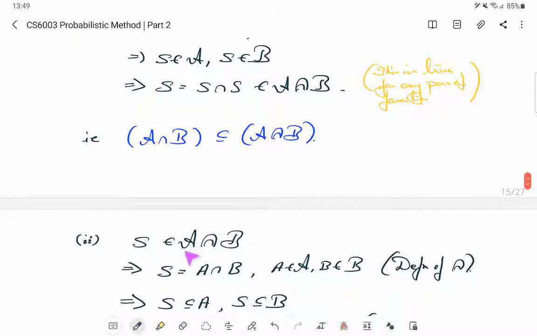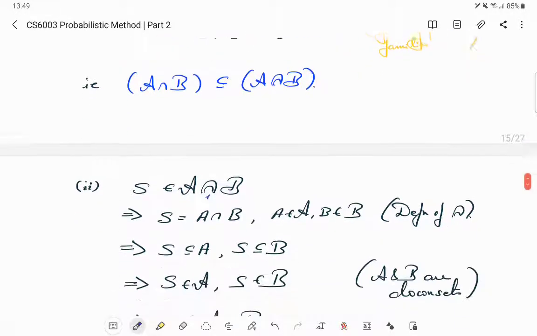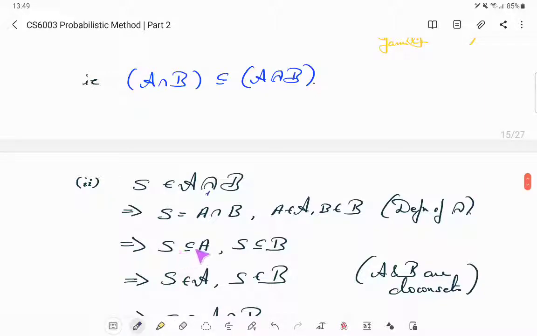Okay, now suppose S is a member of this A double intersection B. What does that mean? That means S can be written as some A intersection B, where A is from the first family and B is from the second family. This is the definition of pairwise intersection, right? So if S is A intersection B, that means S is a subset of A, right?